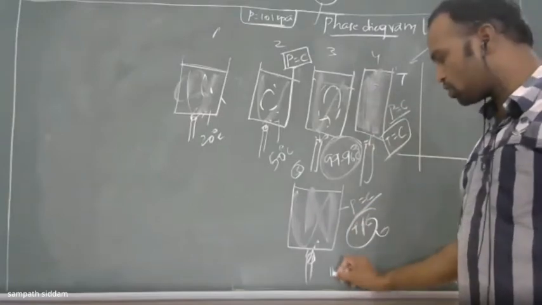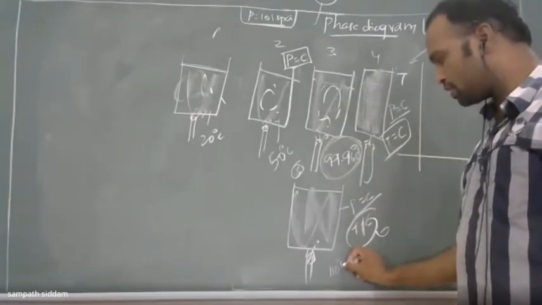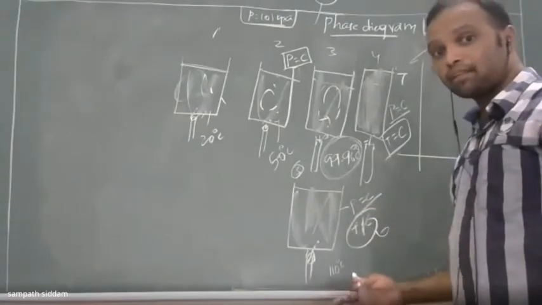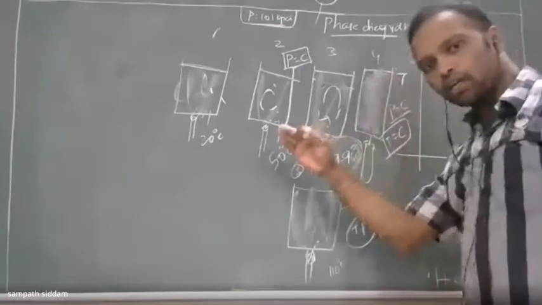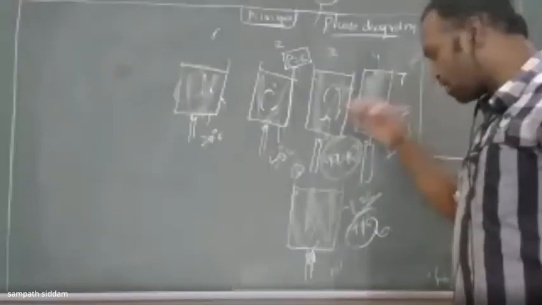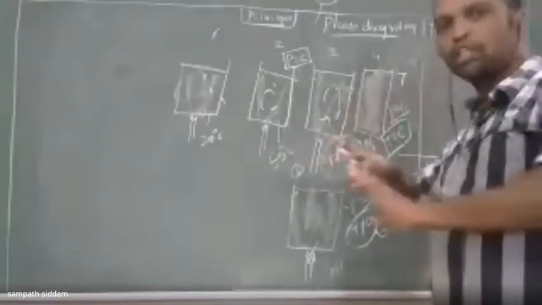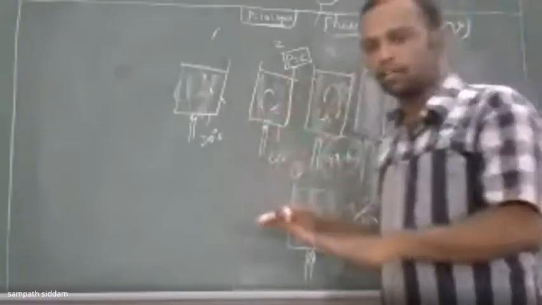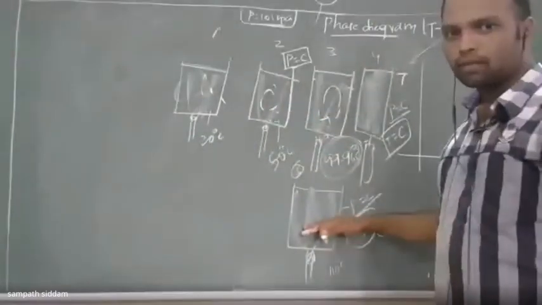It may reach 110 degrees Celsius or 120, 130, till there is one particular fixed point. Till that pressure or maybe temperature, we need to convert it, and after that, we should stop heating continuously. Okay.